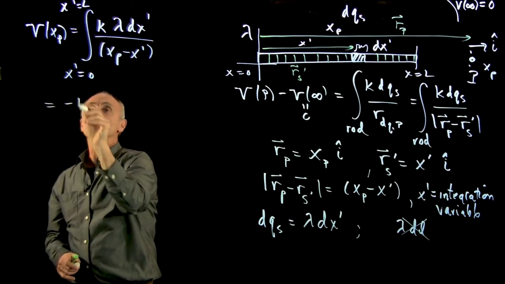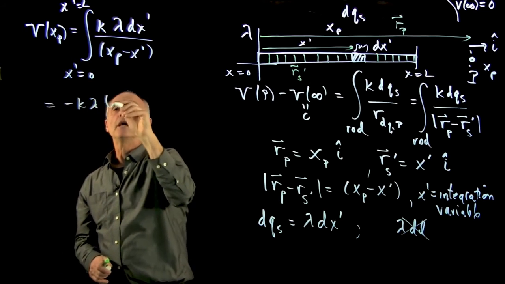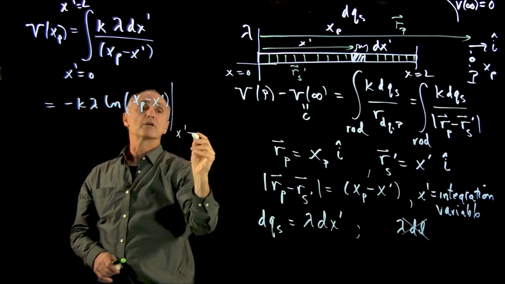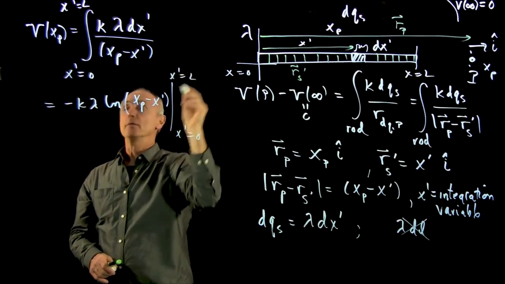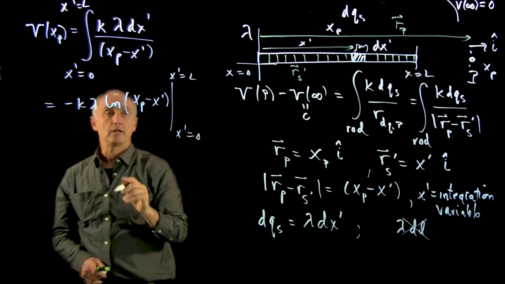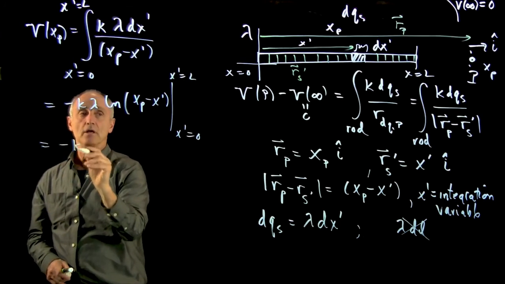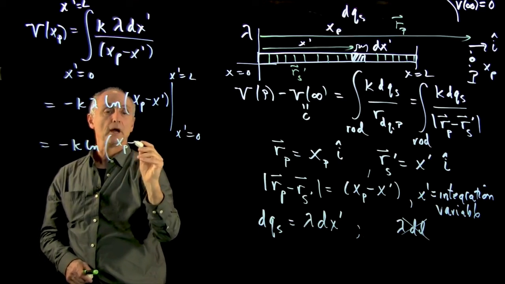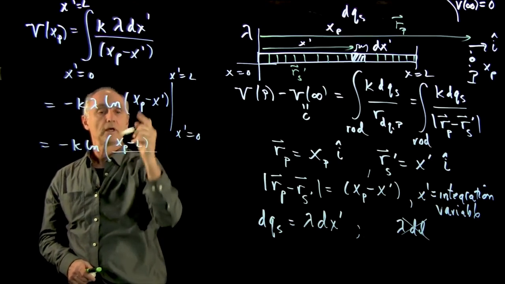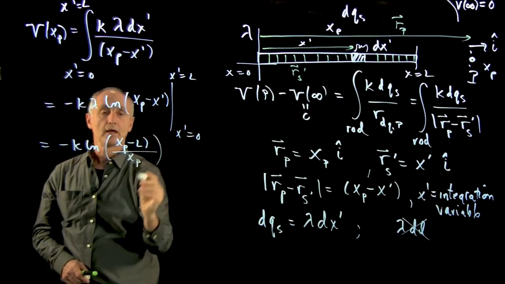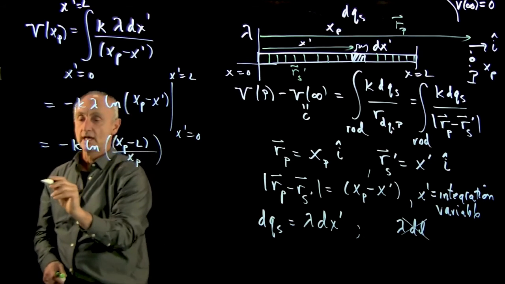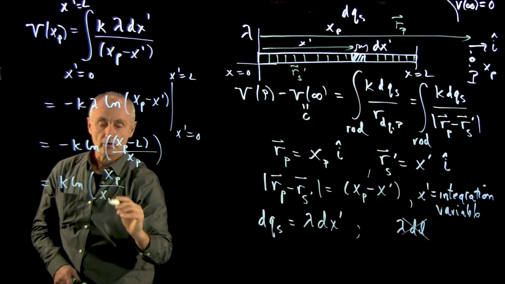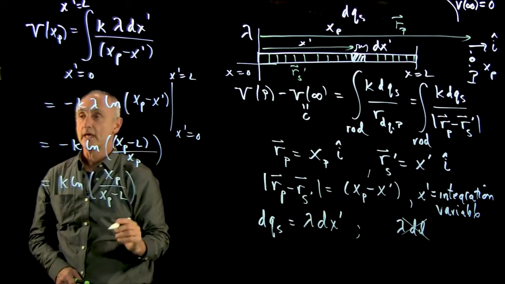It's equal to minus k lambda times the natural log of x_P minus x prime, evaluated from x prime equals 0 to x prime equals L. And when we put those two pieces in, we have the natural log of x_P minus L over x_P. And if I want to flip this, I get k lambda times the natural log of x_P over x_P minus L.